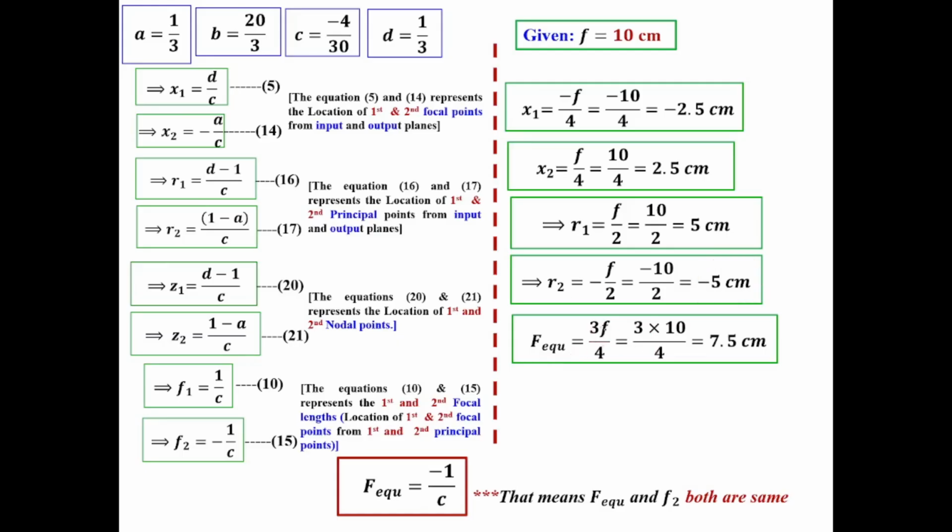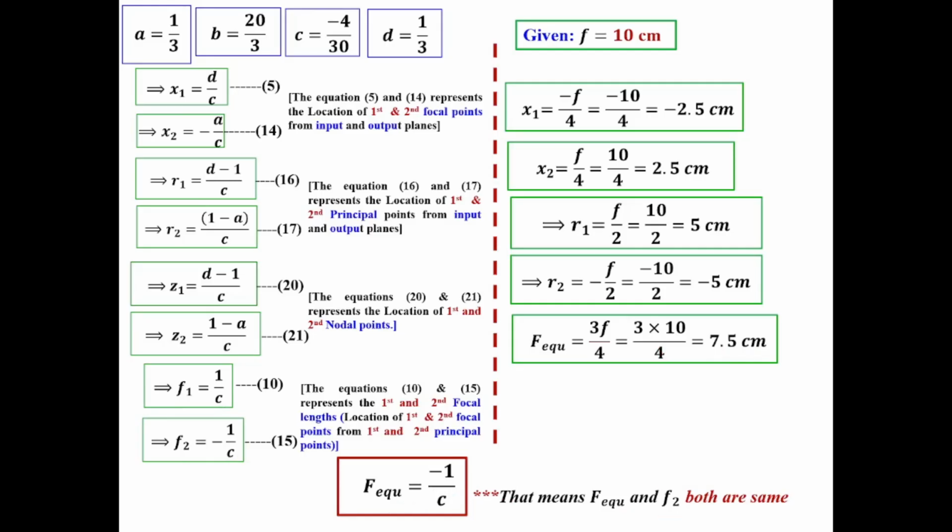By substituting the f value and after calculation, we get 7.5 centimeter. Here if I consider f2 as minus 1 by c, the same answer we can get: minus of 1 by c, where c is minus 4 by 30, so it is 30 by 4, the same answer 7.5 centimeter. So f equivalent is nothing but minus 1 by c, that means f equivalent f2, which we have already discussed.